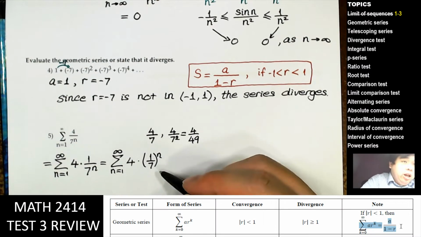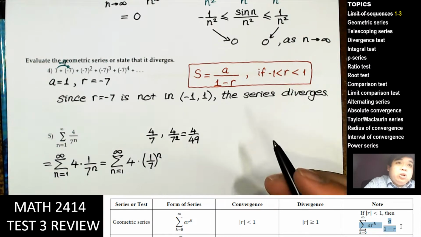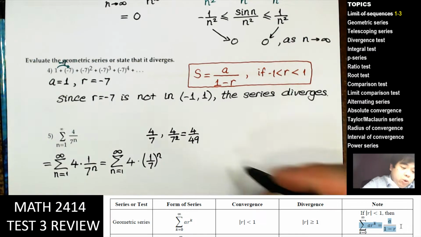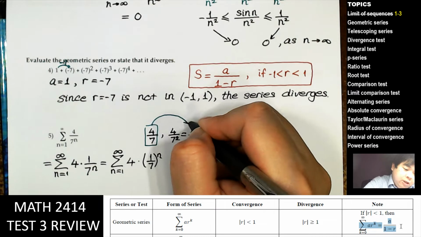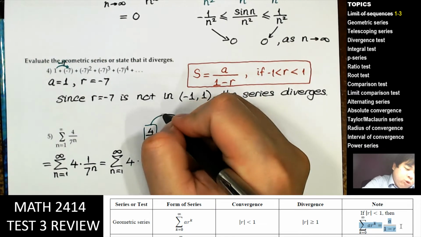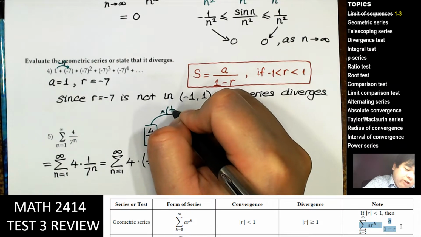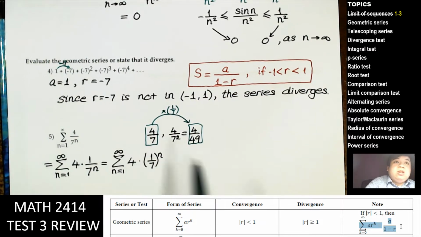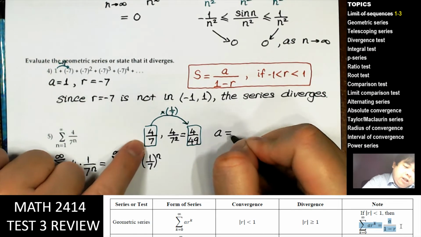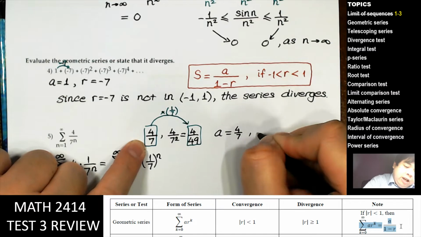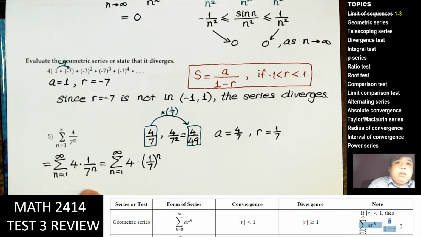When it is written like this, we can see that the common ratio is 1/7. Another way to check: from this term to this term, we have to multiply by 1/7 to get from this term to the next. So the first term is 4/7 and the common ratio is 1/7.